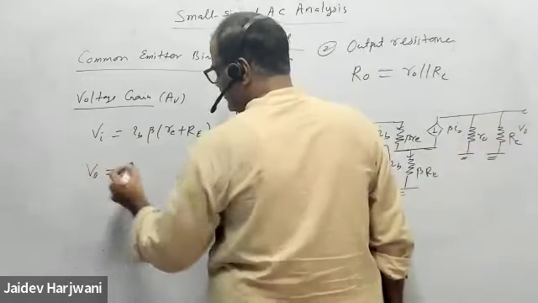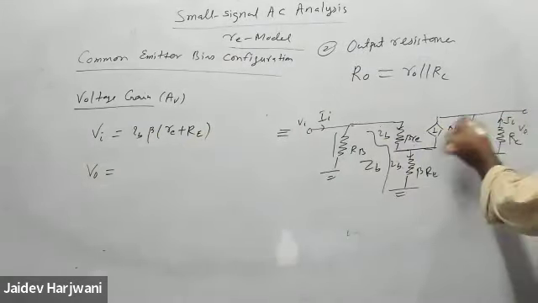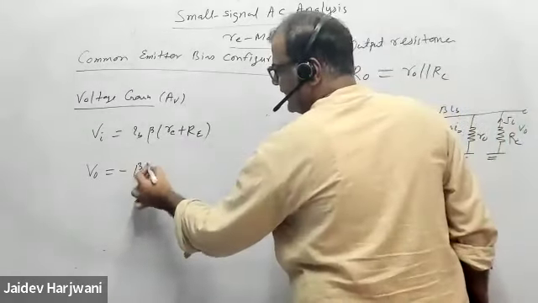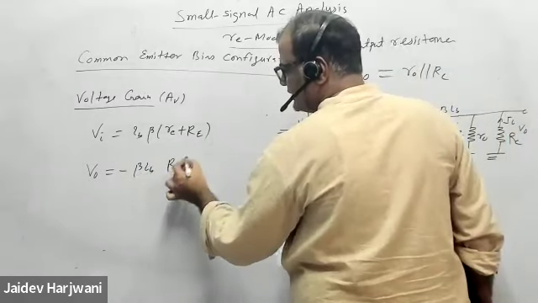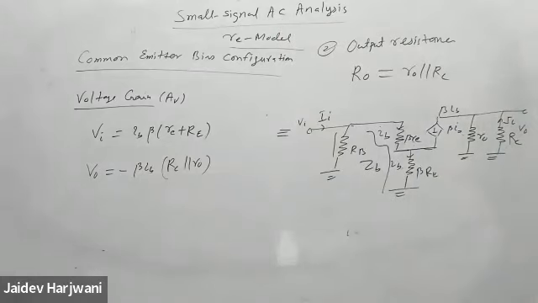What is V output? I naught is coming from here. The total current is beta IB. So I minus beta IB, total current, into RC parallel to R naught. That's it, V naught. Total current, total resistance.